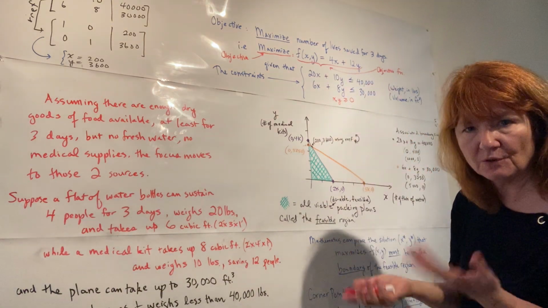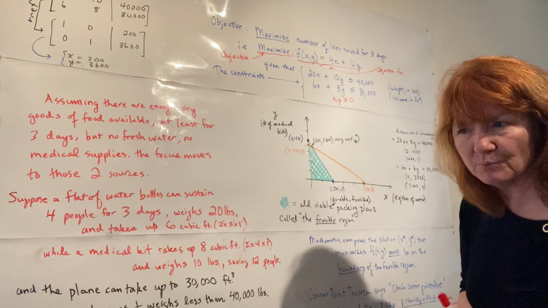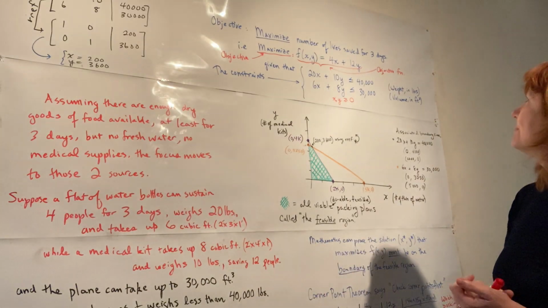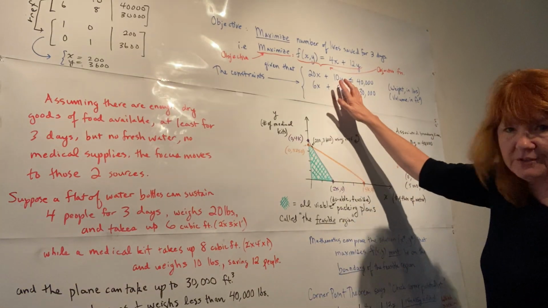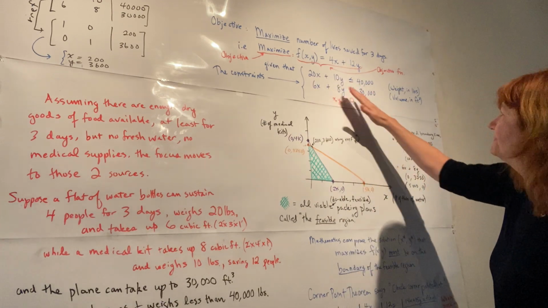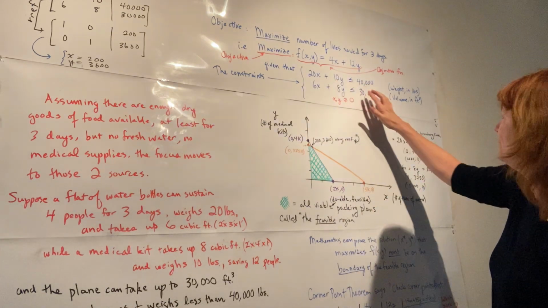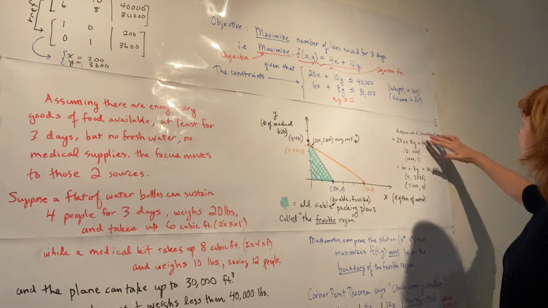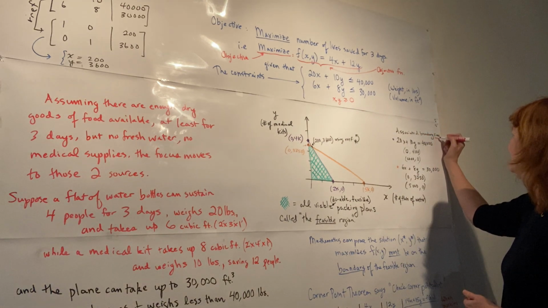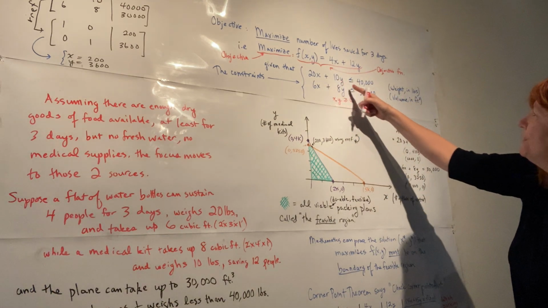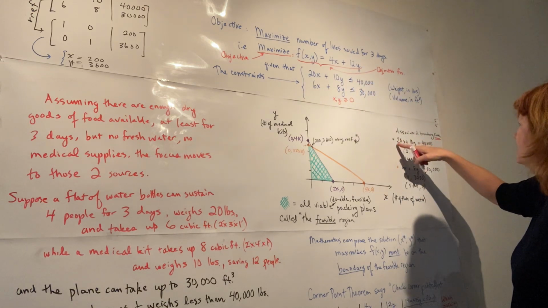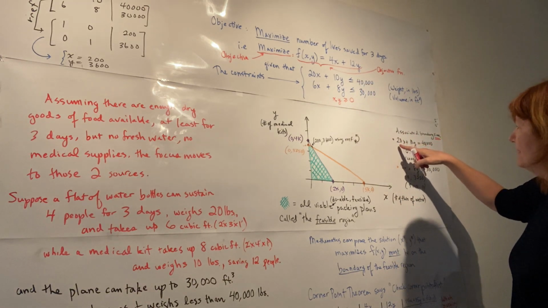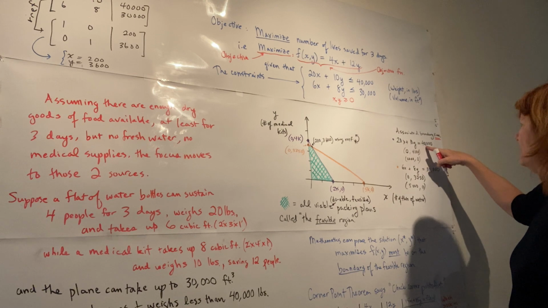You went over graphing those in section 7.1, 7.2, I believe. Or we're going to get practice with those. Those are half planes. Why? Because each of them has an associated boundary line, right? So the first one, 20x plus 10y less than or equal to 40,000, is bounded by the line in the plane, 20x plus 10y equal to 40,000.